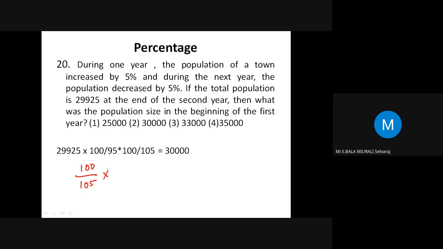Then they are telling that the next year the population decreased by 5%. What is the actual value? 105 becomes 95% of 105. Now the value you are getting is 29,925 after the second year. What they are asking you is, what was the population size in the beginning of the first year?